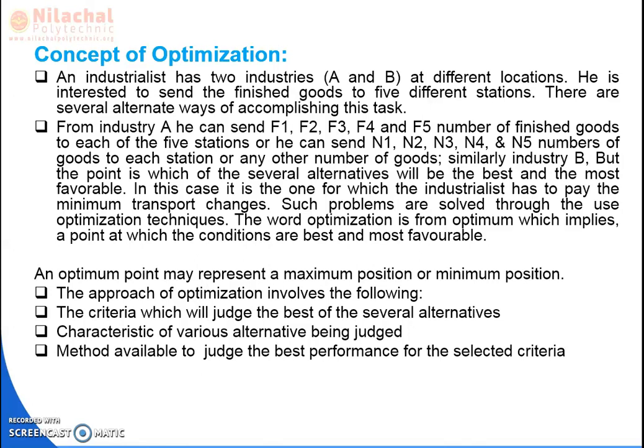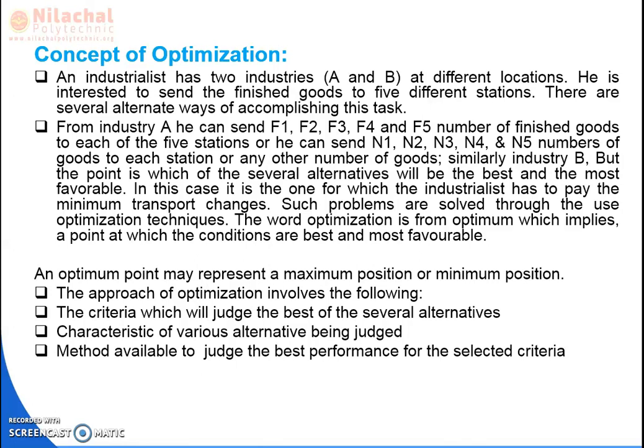The processing of materials should take less period of time. There should be no delay in the production system. These are the problems arising in the industry. To solve these problems, we have to use a technique. That technique is known as the optimization technique.